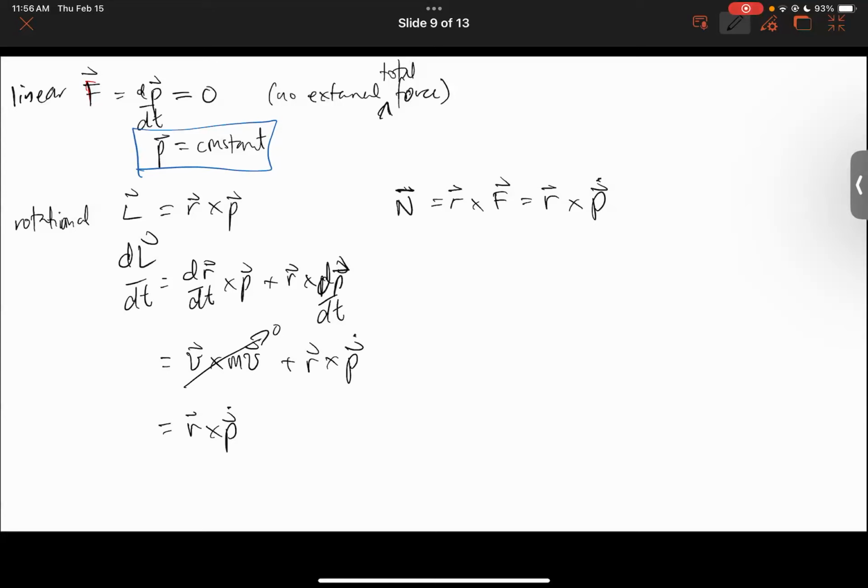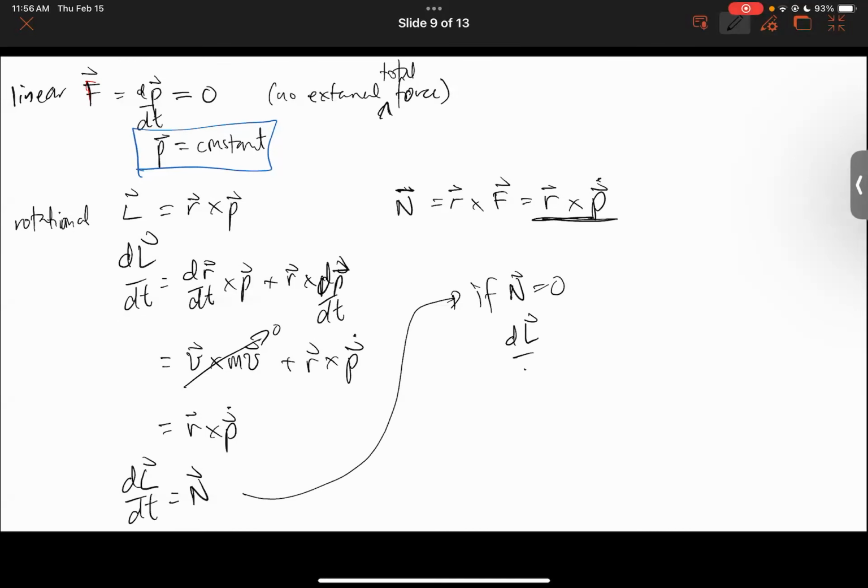Which means na since equal lang yung r cross p dot sa torque, then dL/dt is equal to the torque. Now, if the torque is zero, then dL/dt is zero, or the angular momentum is a constant.